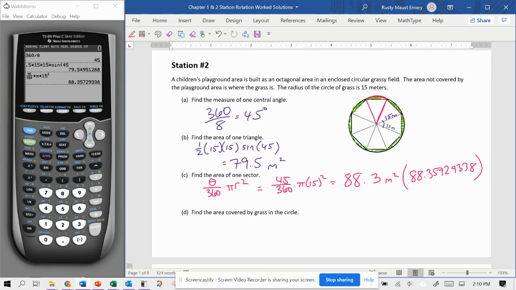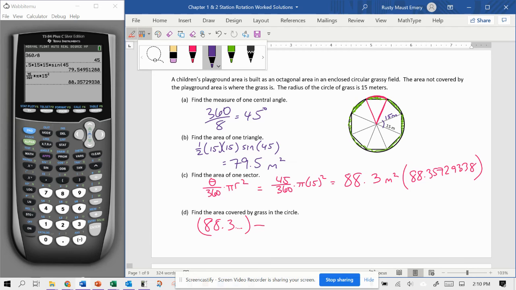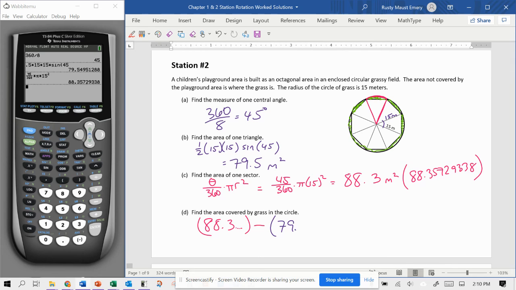Right, so part C was the 88.3. I want to use that whole decimal minus part B, which was the 79.5. See, I didn't write down the unrounded value, and I need it, but I have it in my calculator, so we're good.